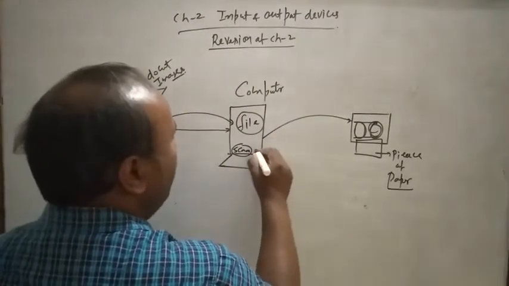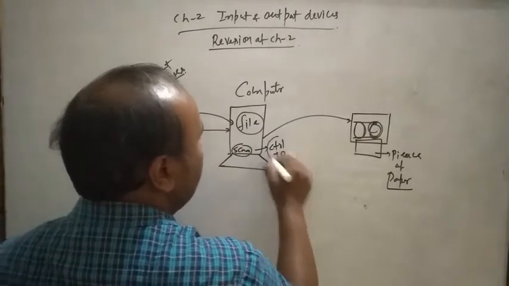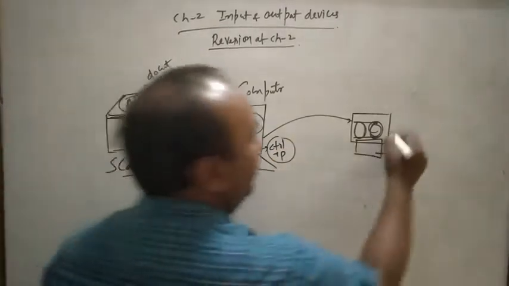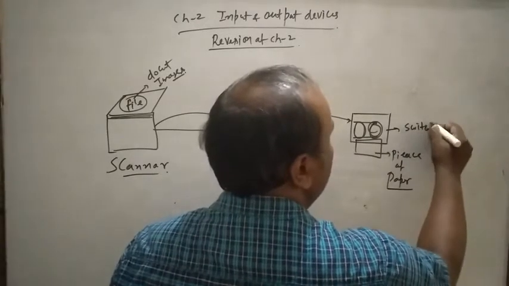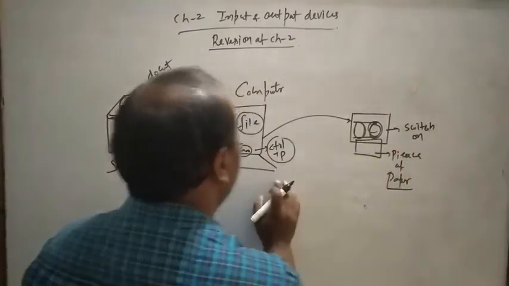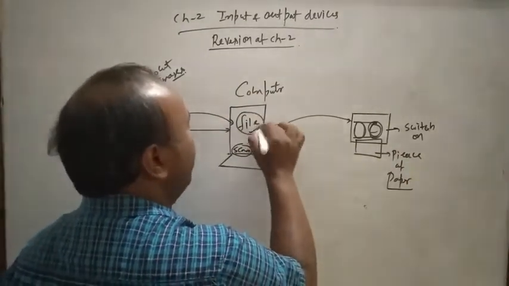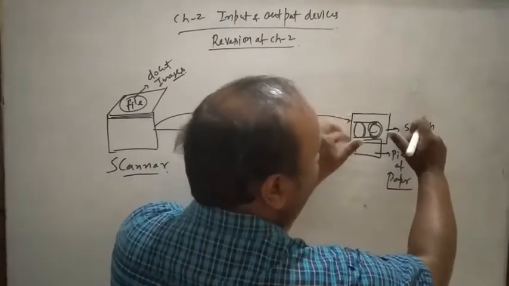When we give the command Control plus P and switch on the device, suppose we select this file, the printer will move it like that.